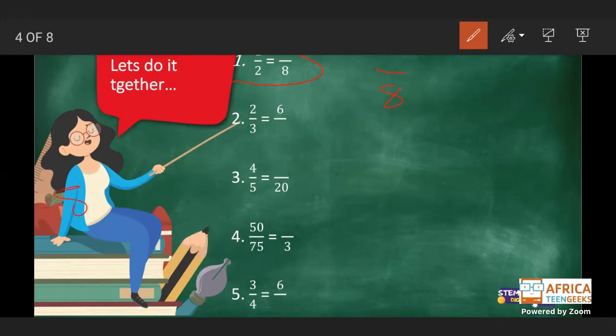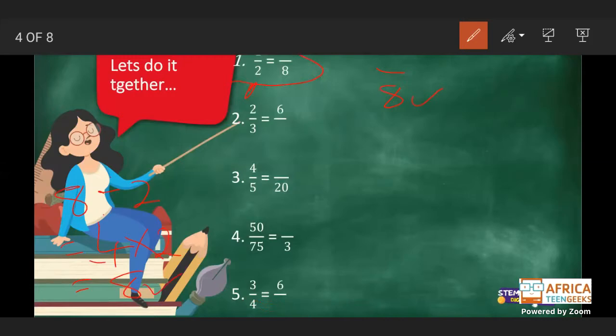So let's do it then. It will be 8 divided by 2. That will give us 4. So it means that they multiplied 2 by 4. So 4 multiplied by 2, which is this 2 right here, will give us 8. So this is how they received our 8.